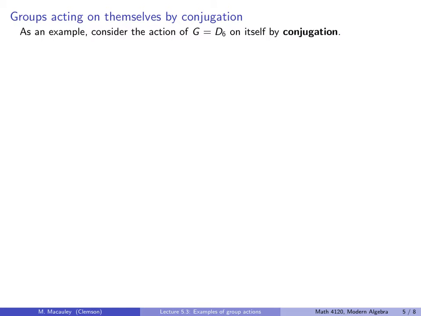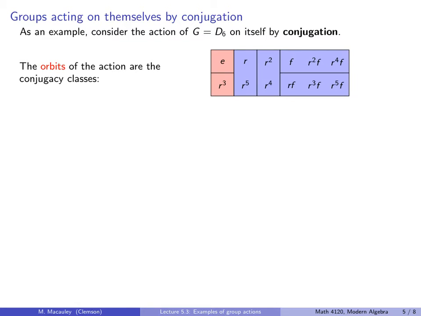So let's take the group D6, the dihedral group containing 12 elements, and the orbits of this action, as we established on the last slide, are the conjugacy classes. And here they are. I think we've actually done this before in a lecture on conjugacy in the previous series.